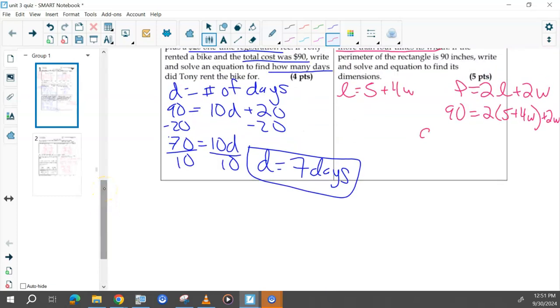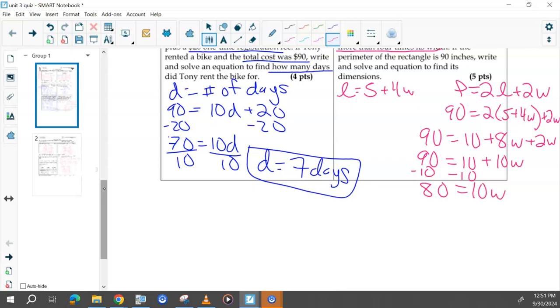So this would have been 90 equals 10 plus 8W plus 2W. Combine your like terms, so that's 10 plus 10W. 90 equals 10 plus 10W. Get rid of 10 by subtracting. And divide both sides by 10. So that W is 8 inches. Again, we need labels.